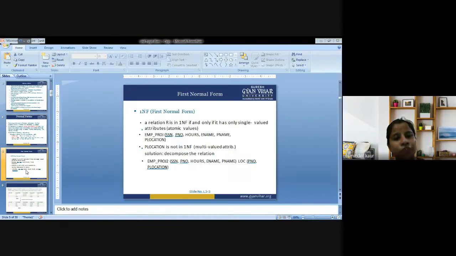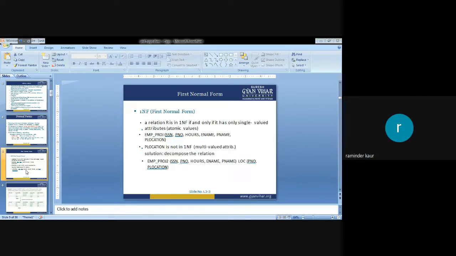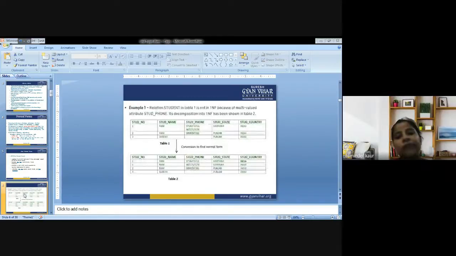In employee project, we are presented with the multi-valued attribute, that is p location. So that is why we have converted that p location into p number and p location. In this way it is converted into first normal form. So this is the criteria that is being used for normal forms, and especially for the first normal form. You can have a look at the example too. If you are having any query, then you can ask me any question.